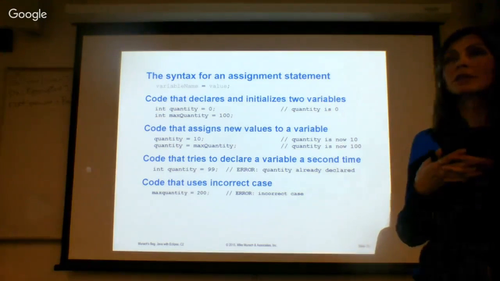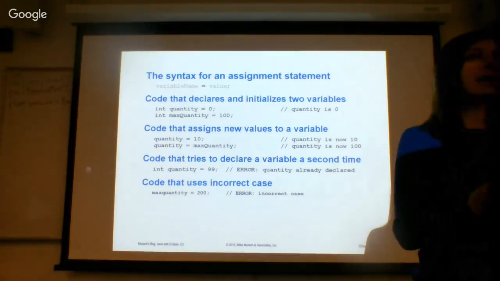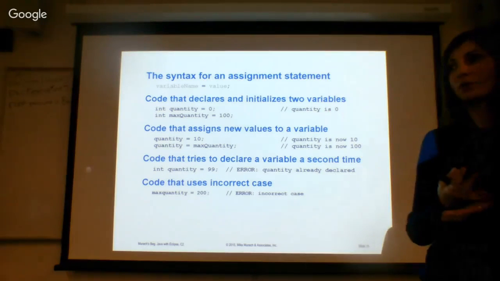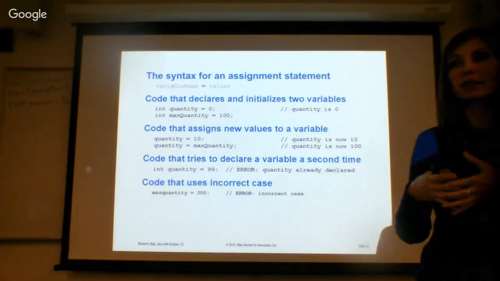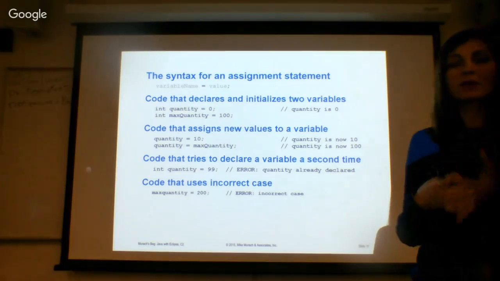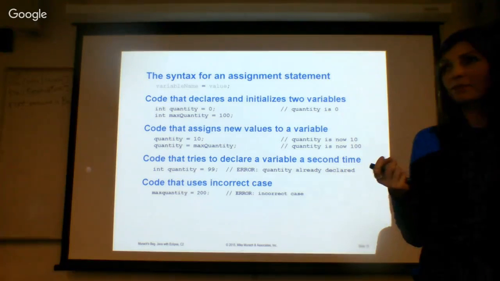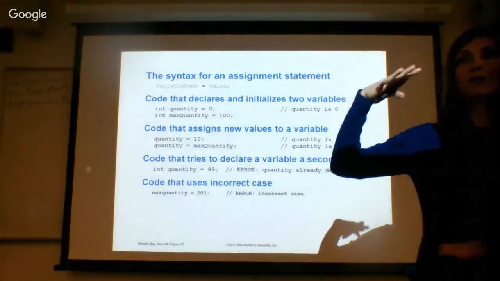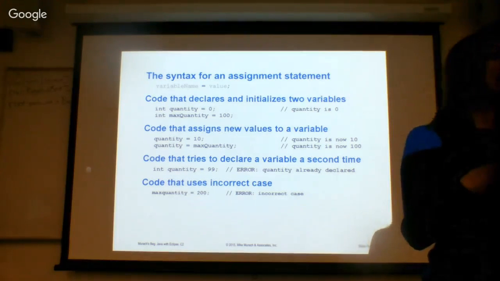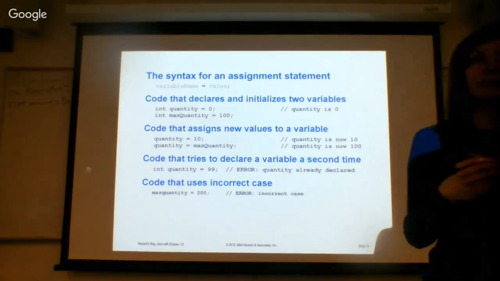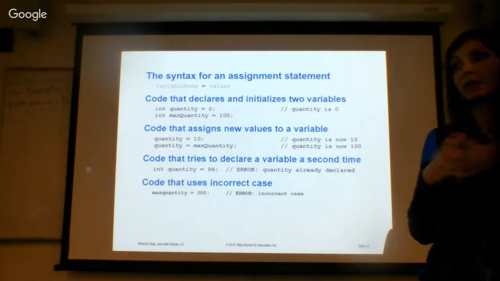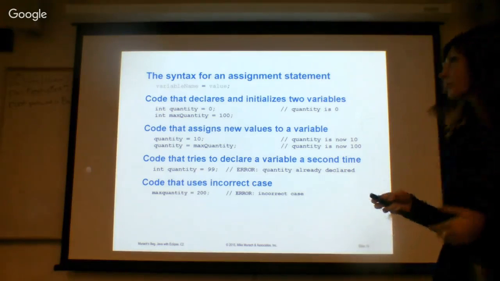So in other words, pay attention to the case of your variables and anything else that you use. Also, Java ignores white space. So you do want to have white space for human readability, but not from the point of view of the interpreter. It doesn't care.